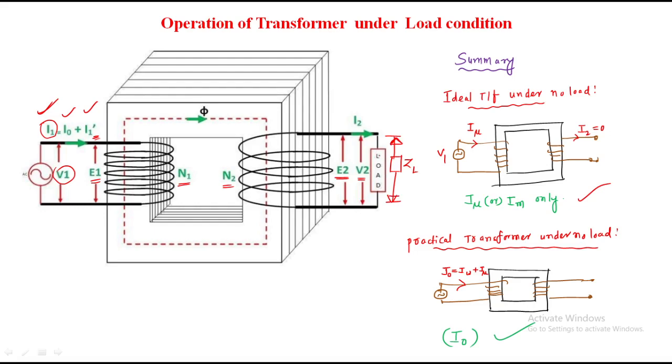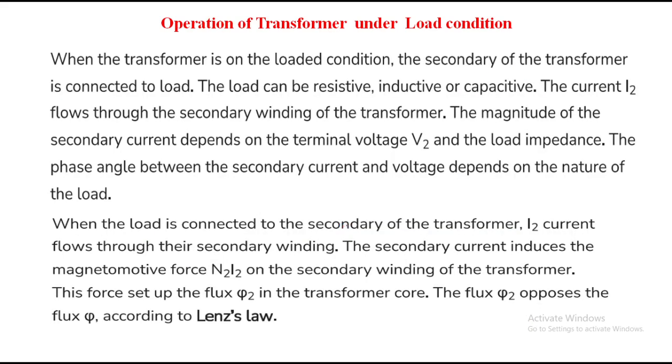So obviously there is a load, there is a current, some finite amount of I2 is there. So this flux is due to the alternating supply voltage, or due to the time varying nature of current. First I would like to explain the theoretical concept. Later I will explain the in-depth concept.